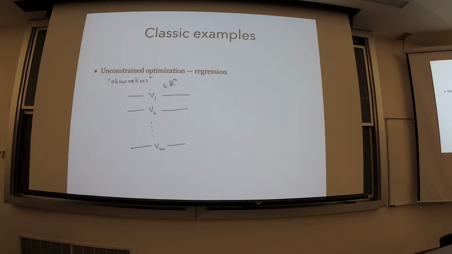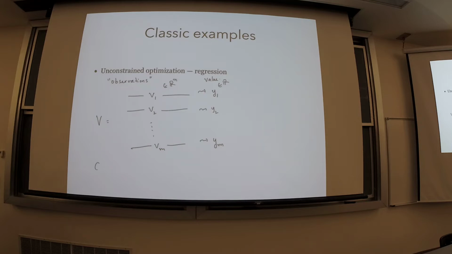and let's put them as a matrix. You wish to find, and for each vector you have some corresponding value. Let's call them y1, y2 to yn. These are just some real numbers. This is called the value. It's the value of this observation. And now you want to find some x.